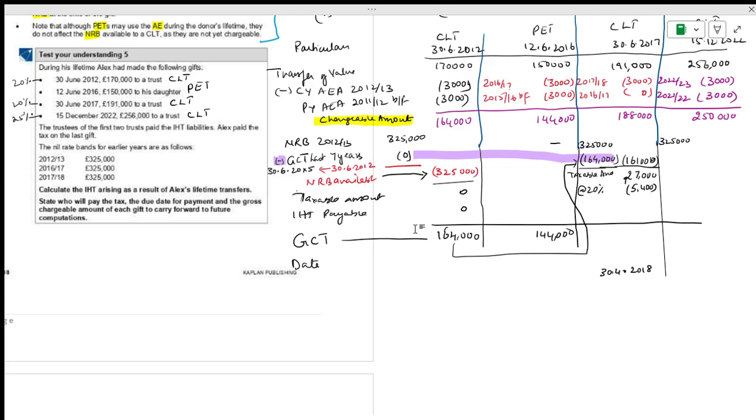Gross is 188. 164 times 20 by 80. 161. No, it will not come.